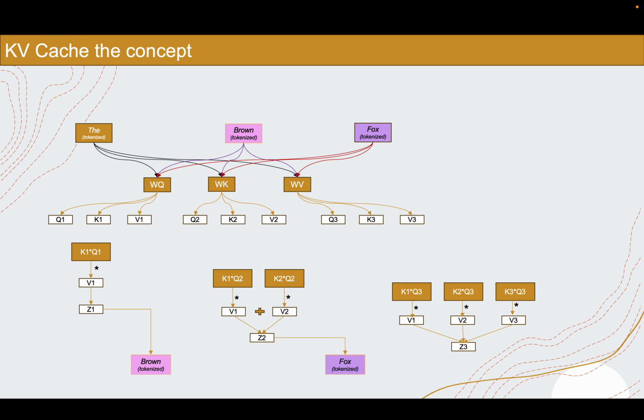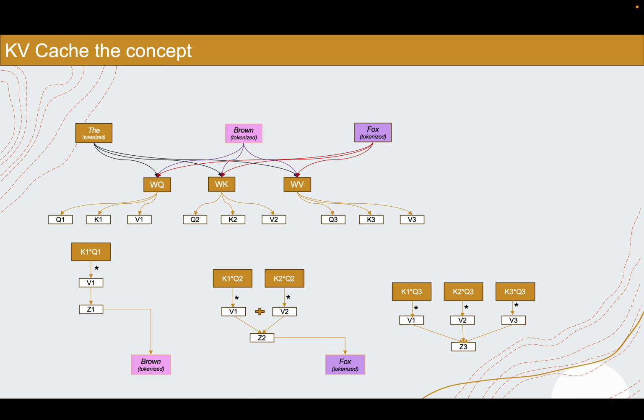And V signifies, if a particular token is chosen based on the self-attention, how much or what content from that token should be carried forward.